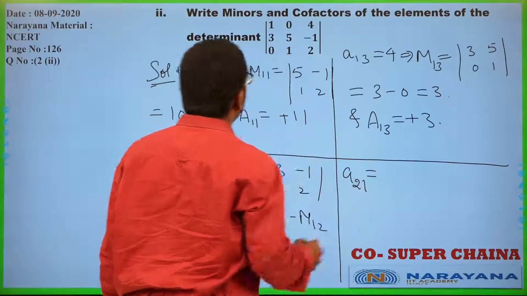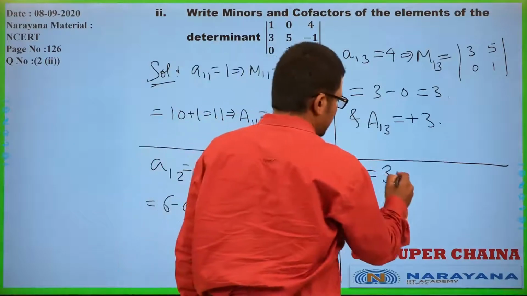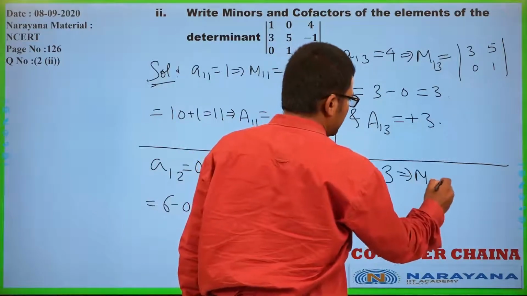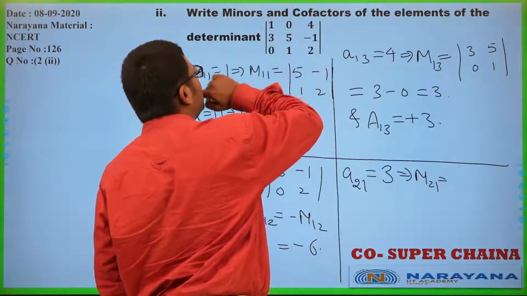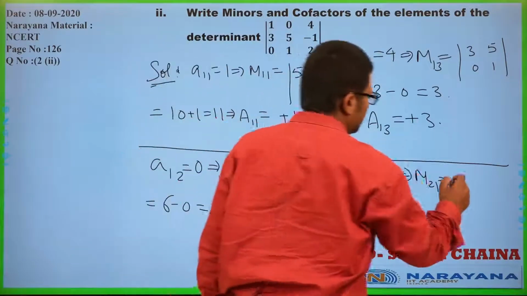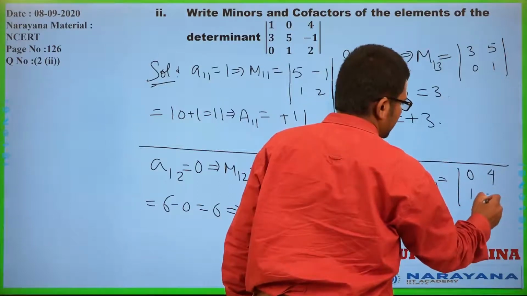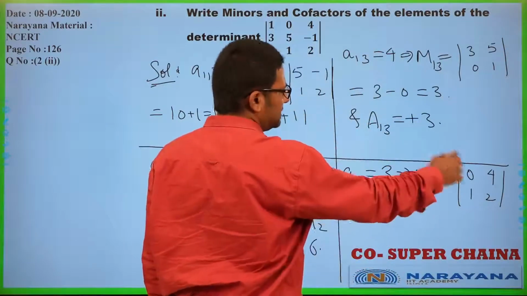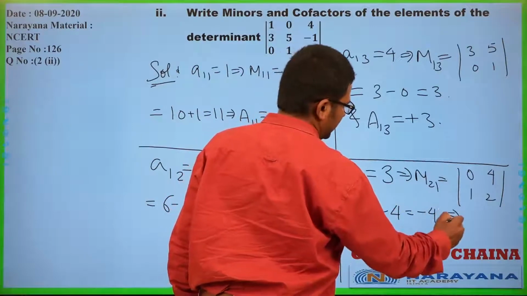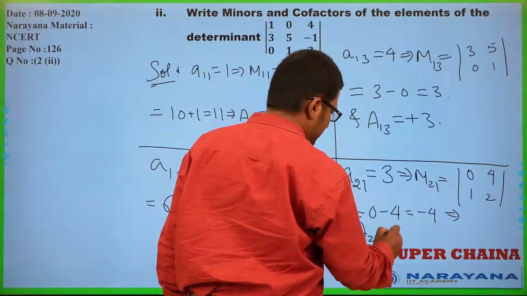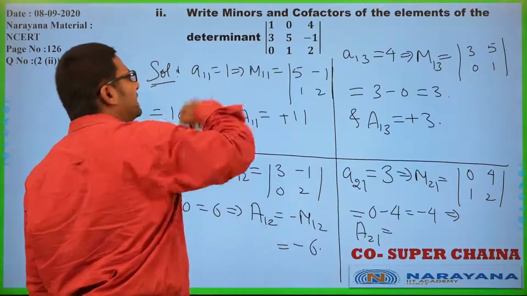Then A21 is the element 3, which means M21 is, leave that row, that column, so 0 4 1 2, right? How much is that? That is 0 minus 4, which is minus 4, which means capital A21 would be, at this position we have minus.